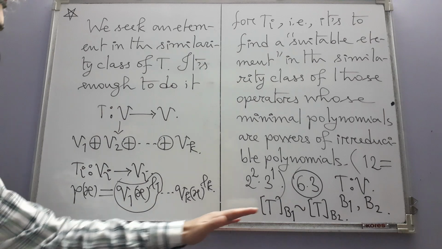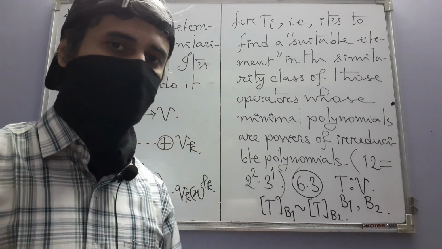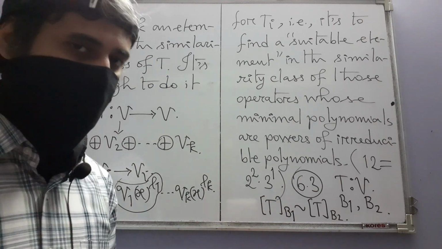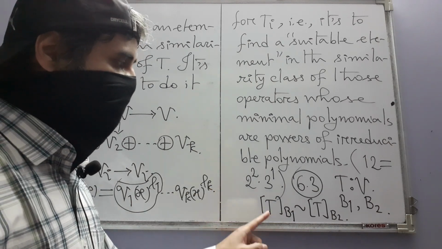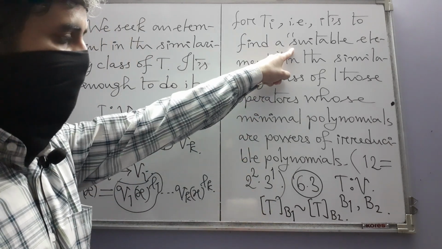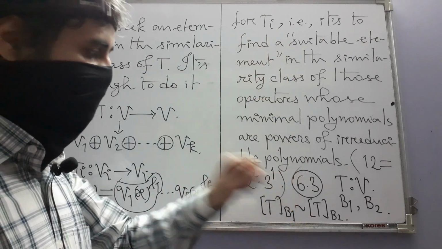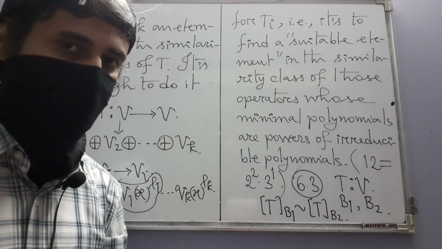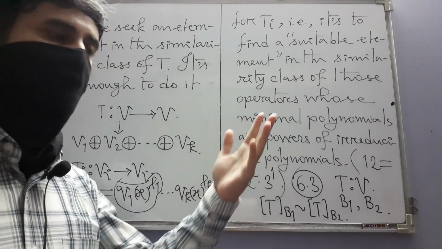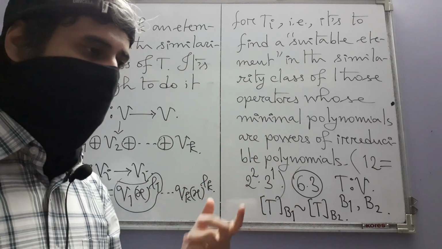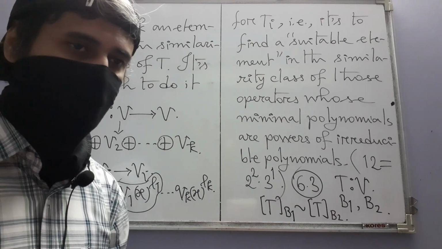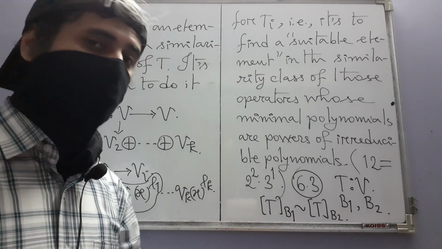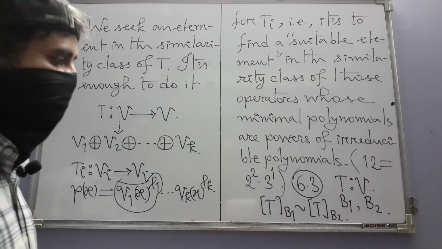So whenever we try to do something computational related to an operator, say find its characteristic roots, characteristic vectors, of course we use matrices. So the task of finding a suitable element ultimately gets reduced to the task of finding a suitable matrix or a simple matrix, which is as simple as possible, having say many zero entries, so that it's very easy to work with, like a diagonal matrix, if not a block diagonal matrix, something like that.